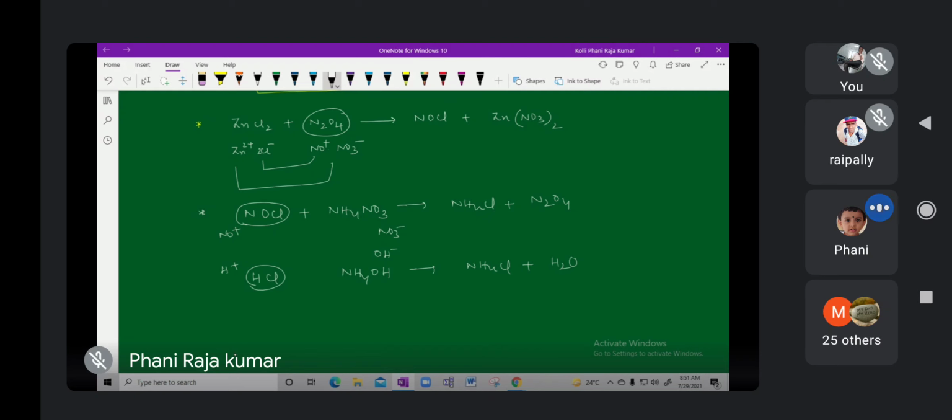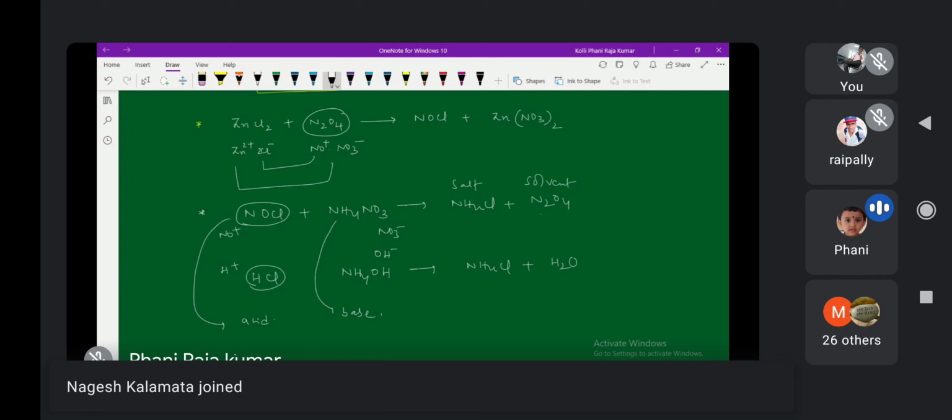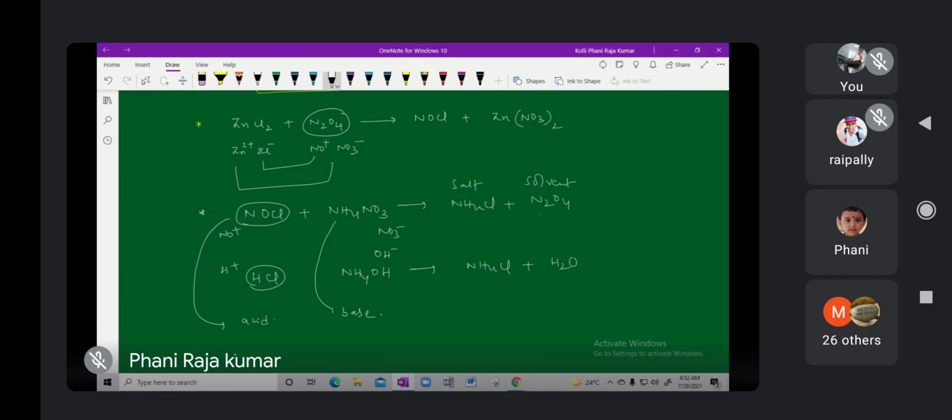That means NOCl they consider as acid and NH4NO3 as base, and ammonium chloride is the salt. N2O4 is now the solvent, not water. And now they defined acid and base in N2O4 solvent also.